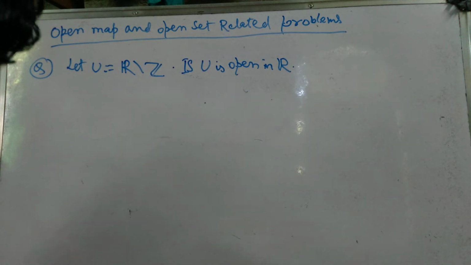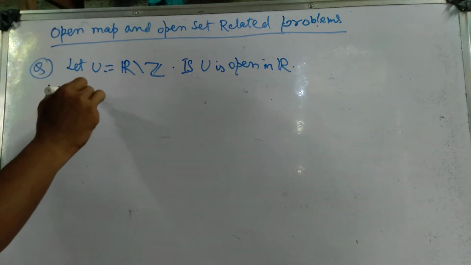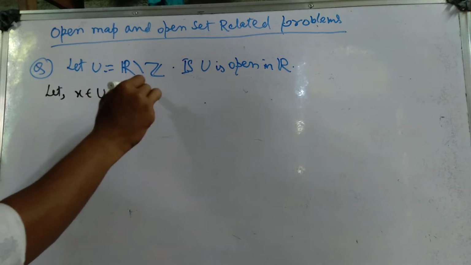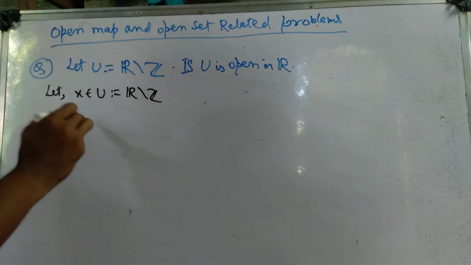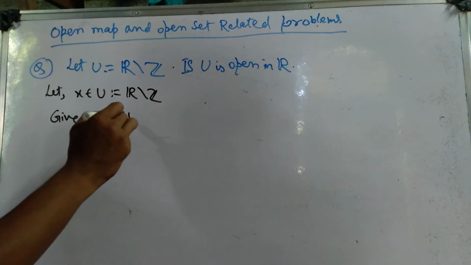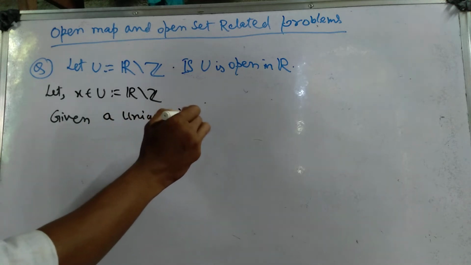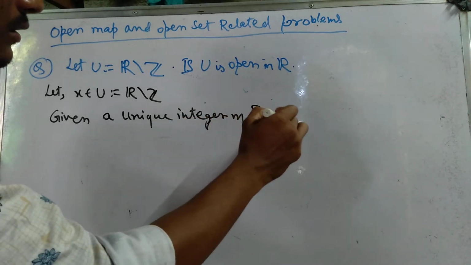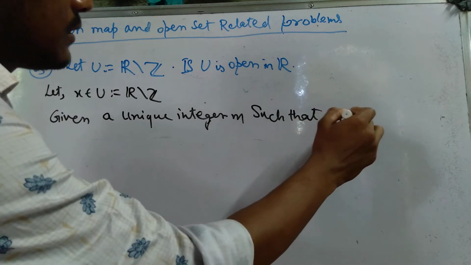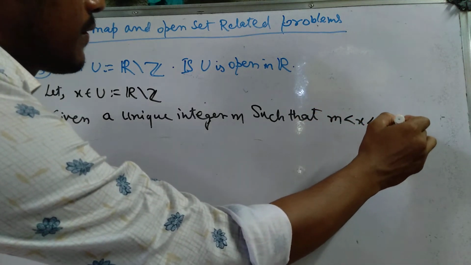Now we discuss further. Let x belong to U equal to R minus the integers. Then we obtain a unique integer m such that m less than x less than m plus 1.